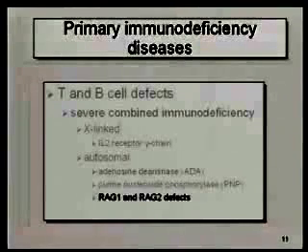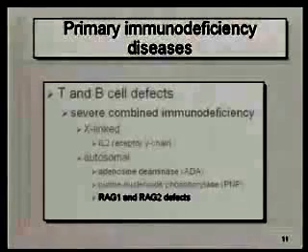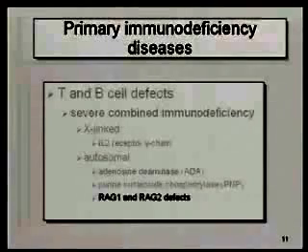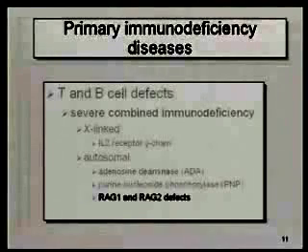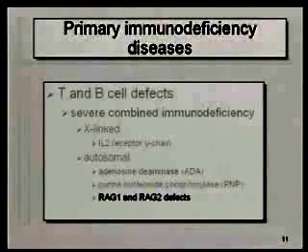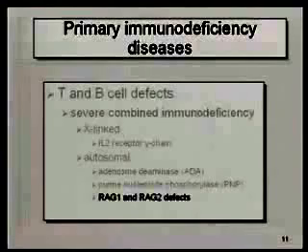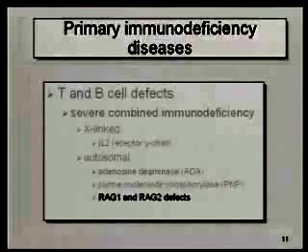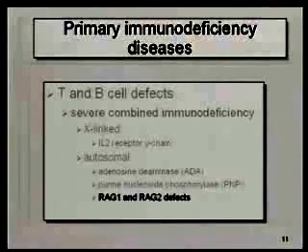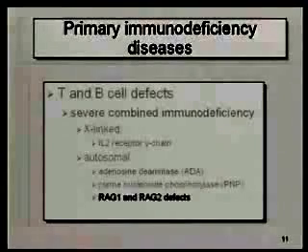If there is no RAG gene, there is not going to be any rearrangement of the BCR or TCR. As a result, there will be no positive selection, and if there's no positive selection, there are not going to be any cells coming out of the thymus or the bone marrow for B cells. So there is a lack of B and T cells as a result of defective RAG1 and RAG2 genes.